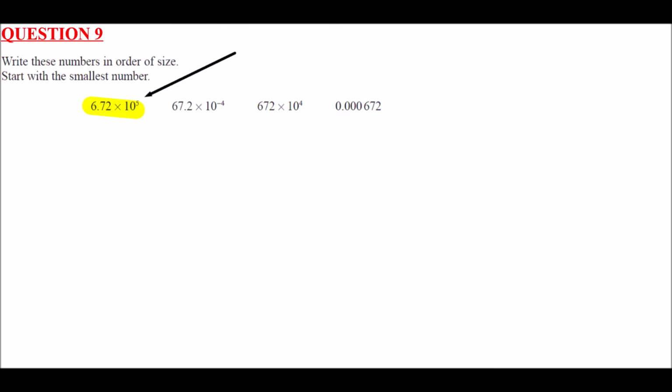So we write down the number as it looks without the decimal: 6, 7, 2. Then we think where the decimal is currently, and it's going to move 5 numbers to the right. So jump 1, jump 2, 3, 4, 5. So it's going to end up here.